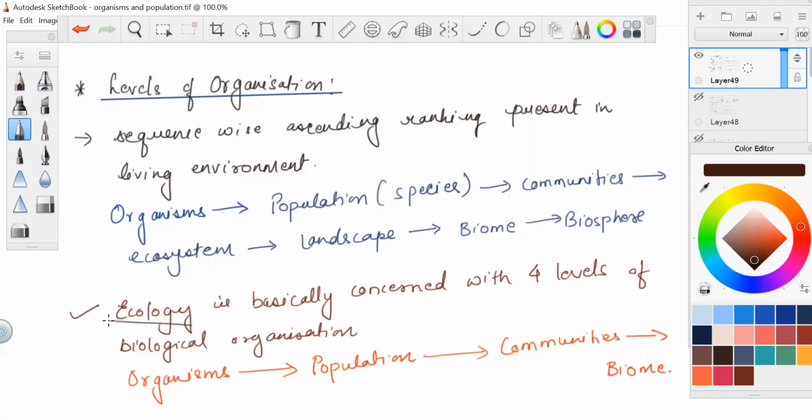So from the ecological aspect, it's organism, population, communities, and biome. In ascending order, it is arranged. Write it down.